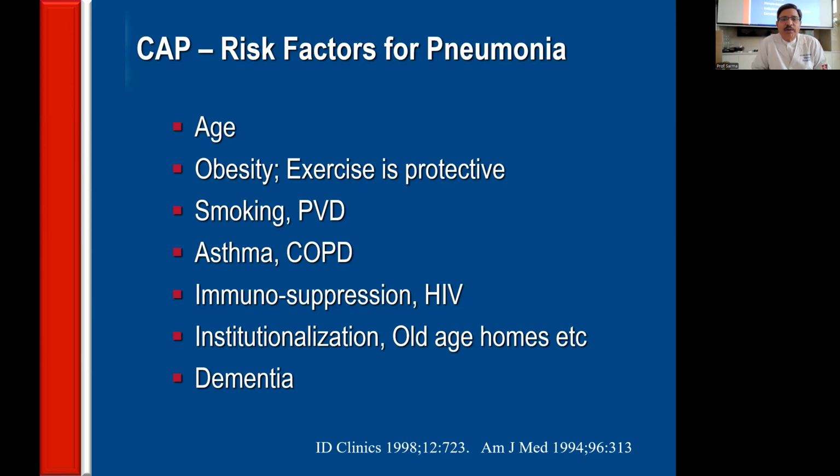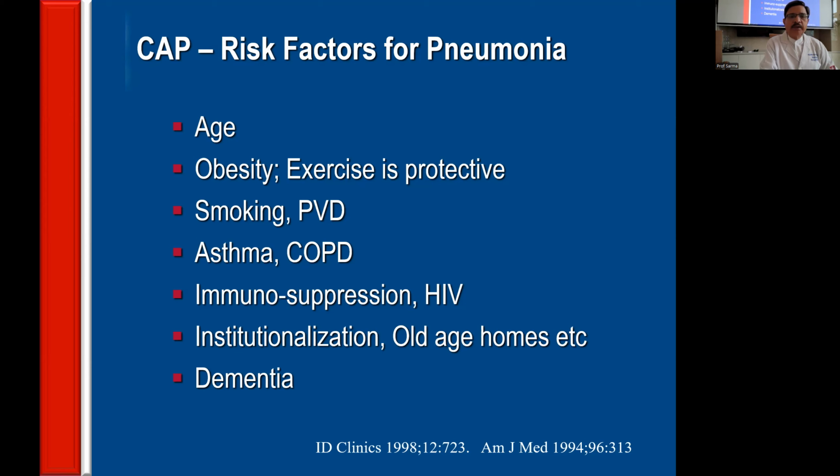COPD and asthma, immunosuppressive diseases, HIV are important predisposing factors or risk factors. Institutionalization, of course, old age homes, etc., and dementia patients who don't have proper mentation cannot take care of the respiratory tree properly, so obviously they will have a risk factor for pneumonia.